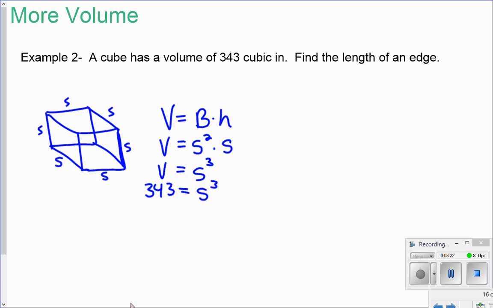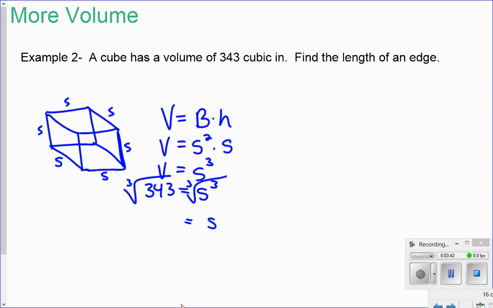So now I need to undo this equation. Right now it's being cubed. I want to solve for S. So to undo cubing something, I'm going to take the cube root of both sides. So that gives me S. And now I just need to find the cube root of 343.